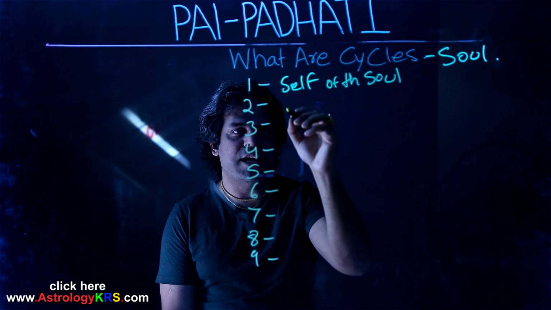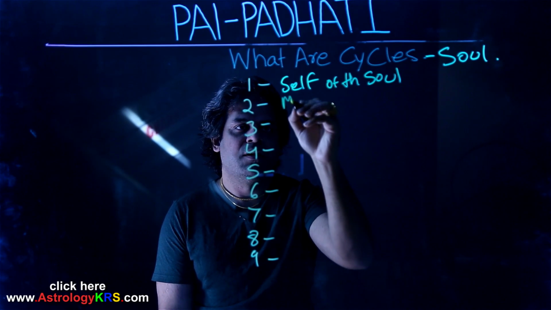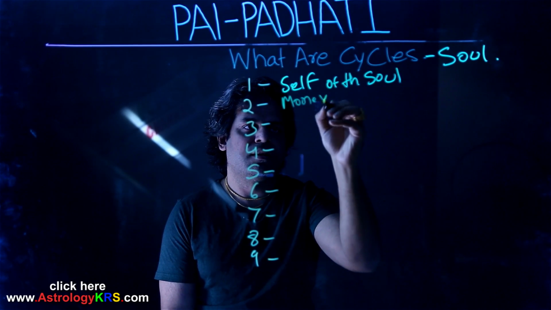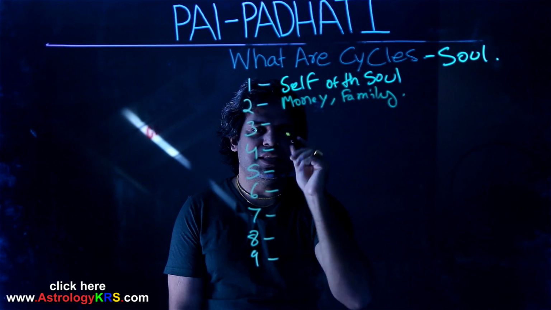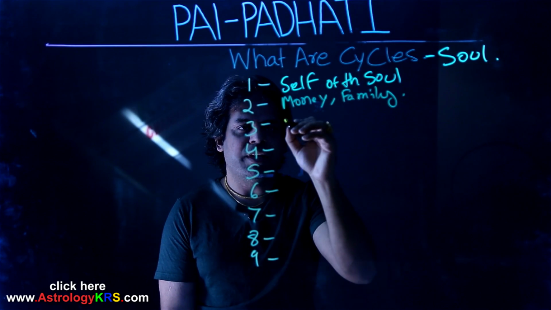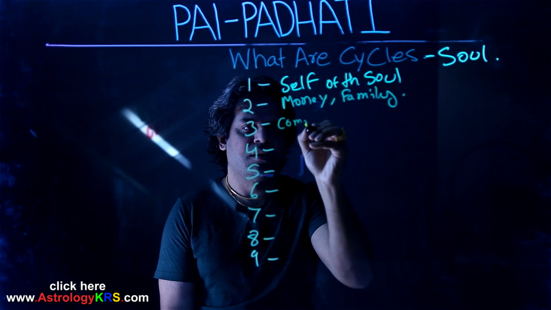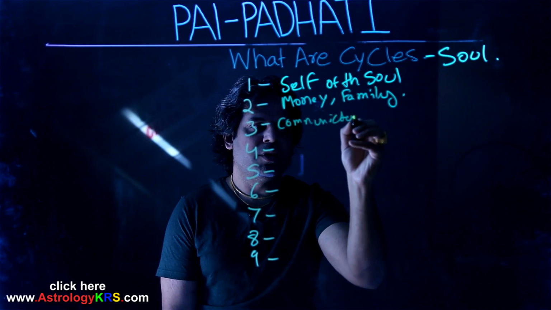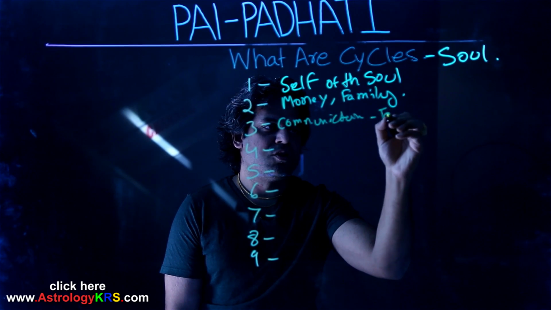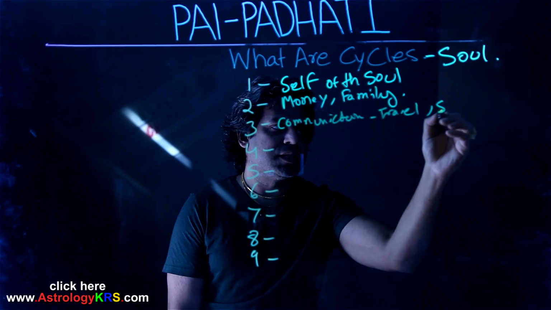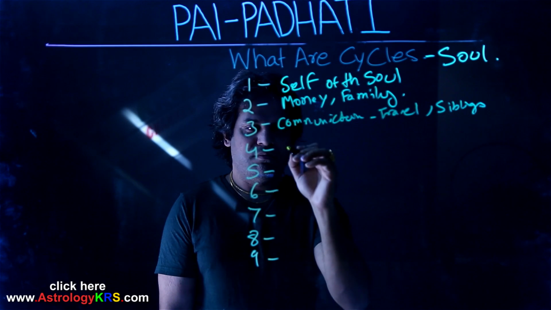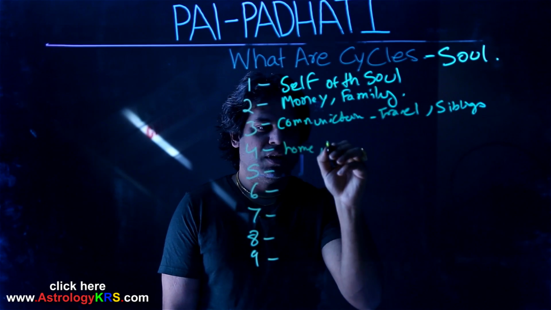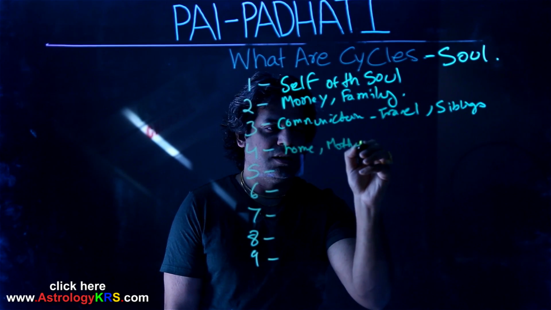The next one has to do with money, family, everything that the second house represents. Third one will have to do with communication, travel, siblings. Fourth one, home, mother.